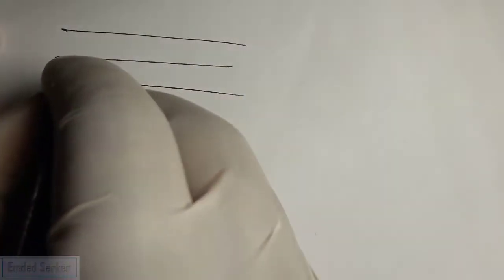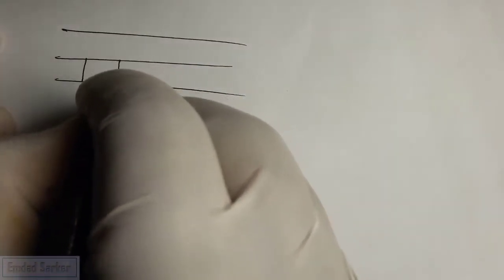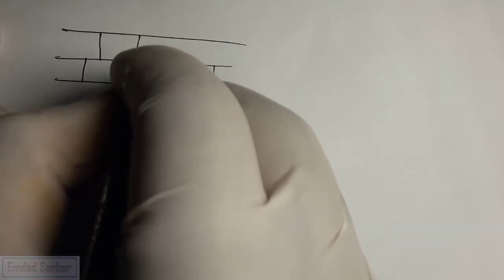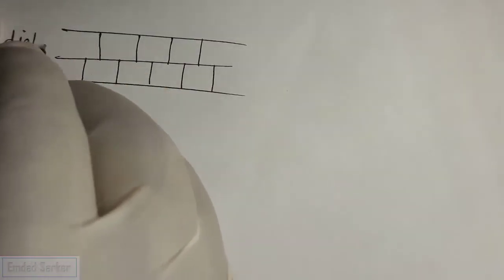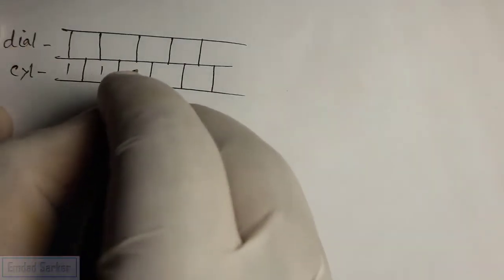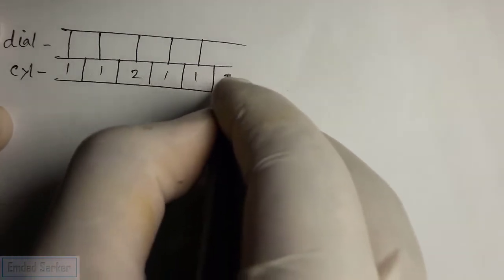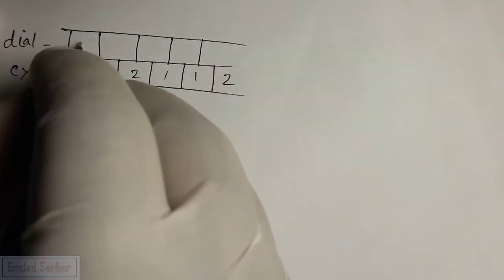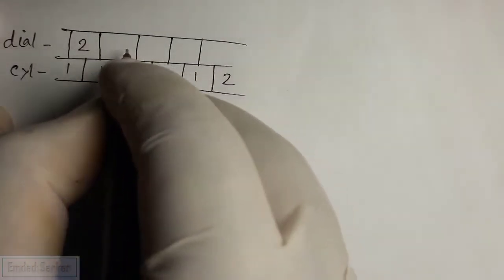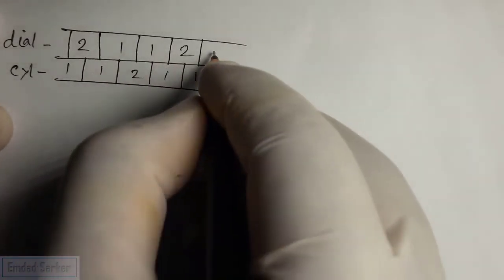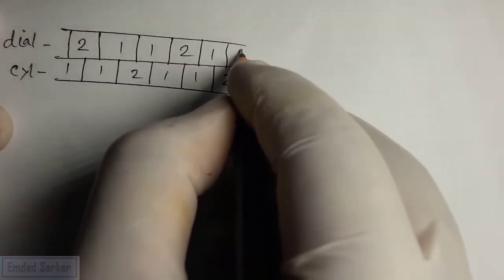It is the simple presentation of needle set out like brick built cylinder dial: 1, 1, 2, 1, 1, 2. In the case of dial needles, 2, 1, 1, 2, 1 and then 1.